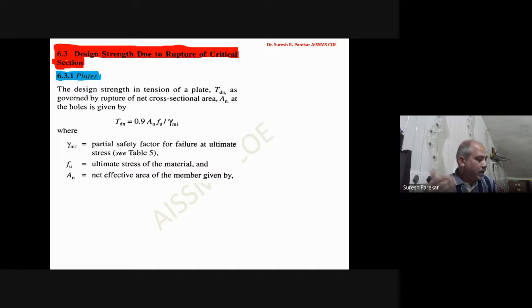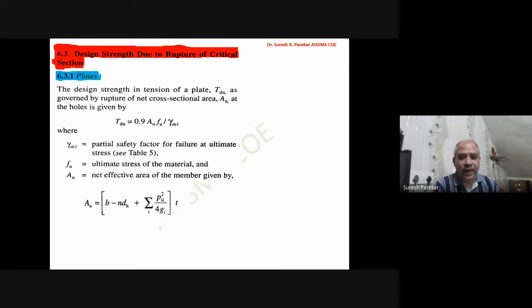Table 13, you have FBD, which we have to use in flexural member. Then table 14, which will be FCR. Table 15, we have effective length for simply supported beams. So we have these 15 tables we have to use in steel structures.